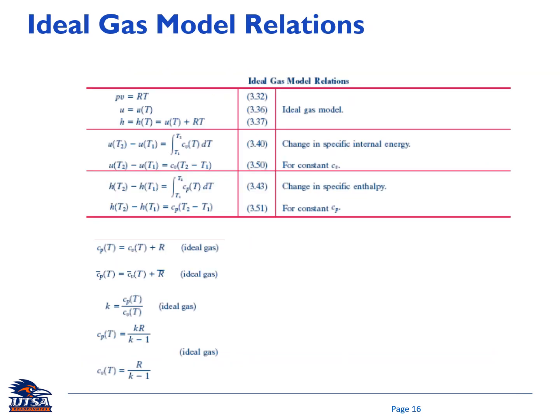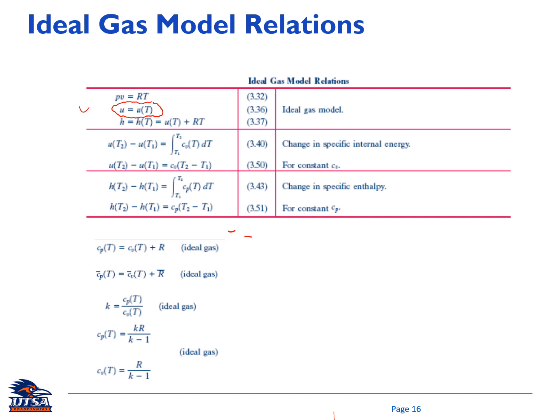So this is just to recap the ideal gas model relationships. On the first part here, we have several forms of the ideal gas formula. We have PV equal to RT, equation 3.32, and for the ideal gas, U is only a function of temperature, as well as H. H is also a function of temperature.